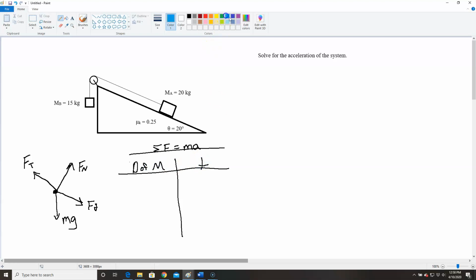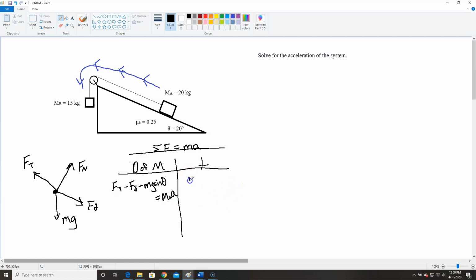The direction of motion is following this way for the problem. Anything that moves in this path will be considered positive. For block A, tension is positive, friction is negative, and then mg sine theta, and that equals ma.